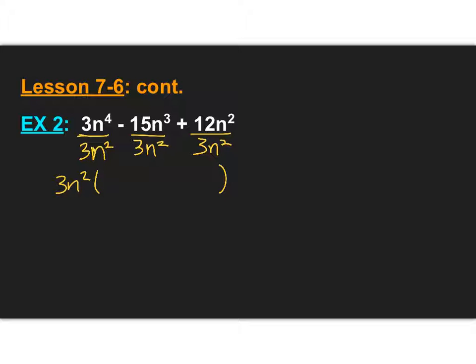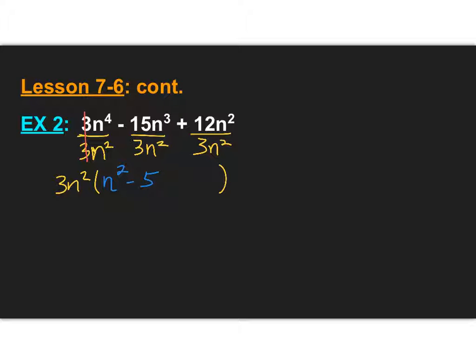So 3 divided by 3 cancels. Don't forget when you divide a power, you take 4 of these and subtract 2 of these. We subtract the exponents. So 4 minus 2 is 2. So we end up with just an n squared. And then negative 15 divided by 3 is negative 5.